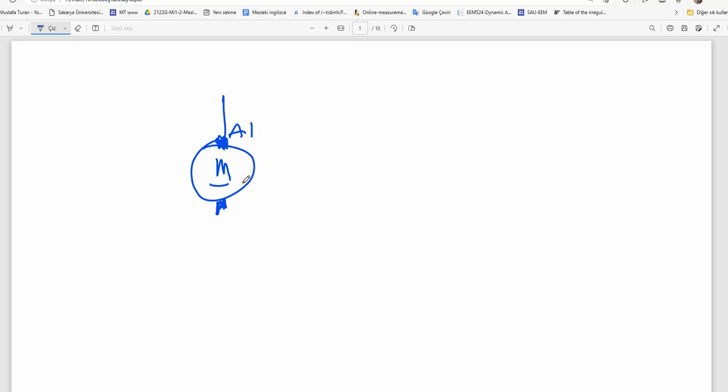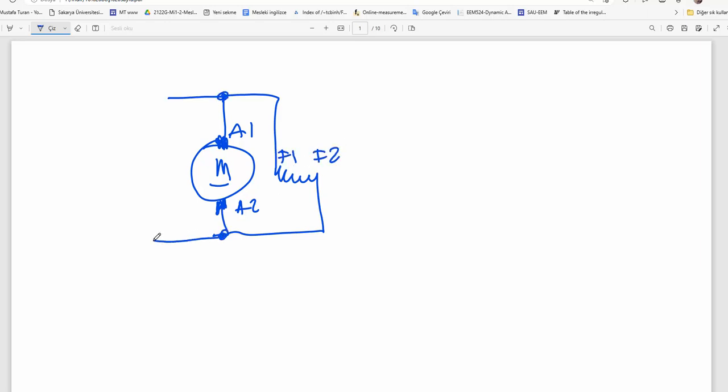Here is the armature circuitry, and let's say here is the field circuit connected shunt or parallel. Here is the applied source voltage, terminal voltage, and here you see a DC motor connection diagram.